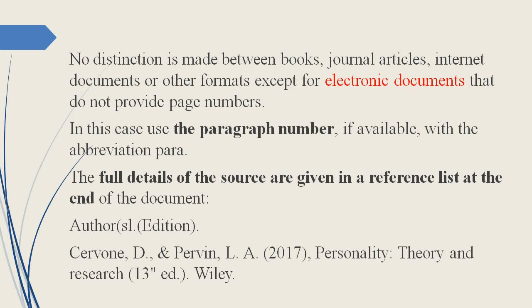The full detail of the source is given in the reference list at the end. So this is what is given at the end in full detail. Look here, you have the author, then the year of publication, the title, the subtitle if there is one after the colon, and if there is any edition of the book, you mention it in brackets.